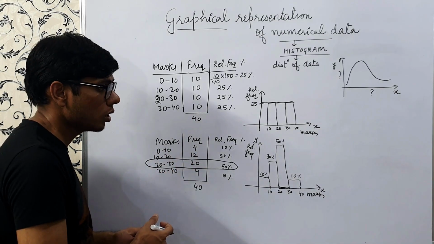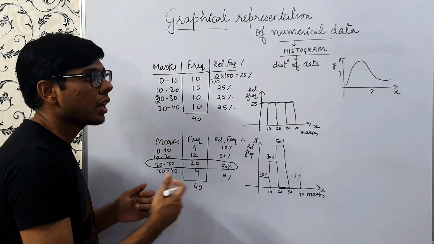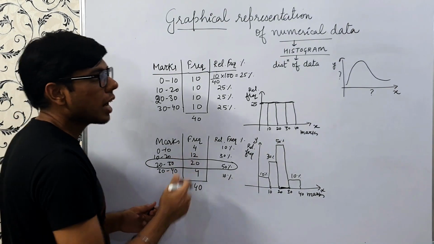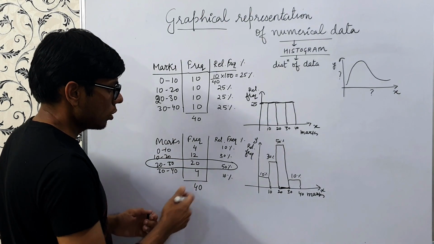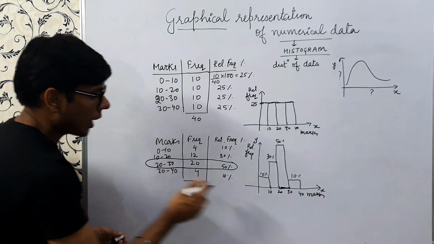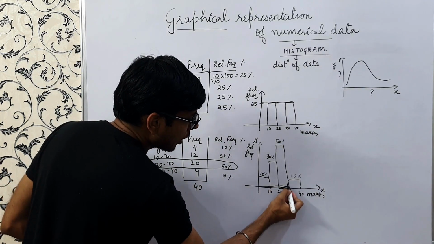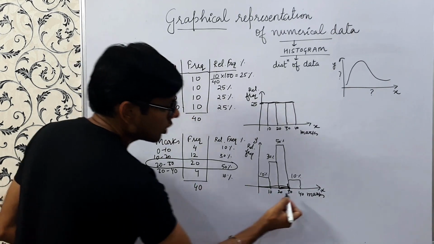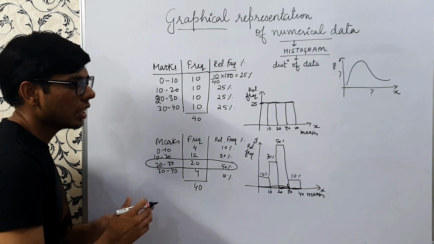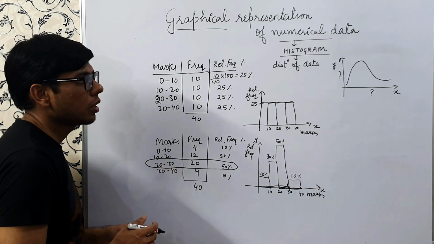This phrase is used in describing many aspects like skewness and kurtosis. In the upcoming videos, we'll be covering all those. So try to understand the meaning of distribution of the data. If we see 0 to 10, there are 10% of the observations. Combined, less than 30 there are 90% of observations, and greater than 30 there are only 10% of the observations. So we can slice and dice the data and see its distribution. This is the purpose of the histogram.